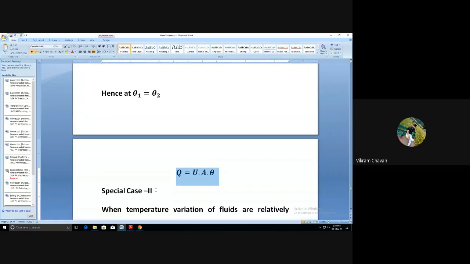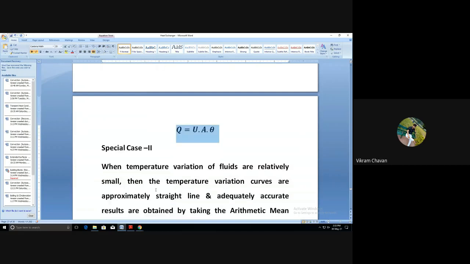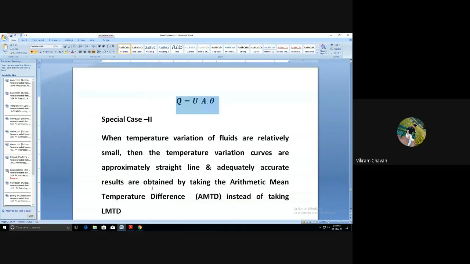Now the second case. In most of the cases, you may get the temperature distribution as a straight line, or there is not much variation in the temperature distribution curve, and mostly that particular curve will become a straight line.